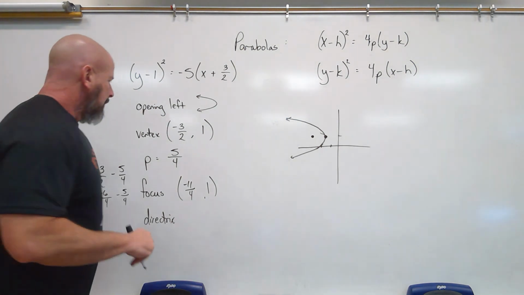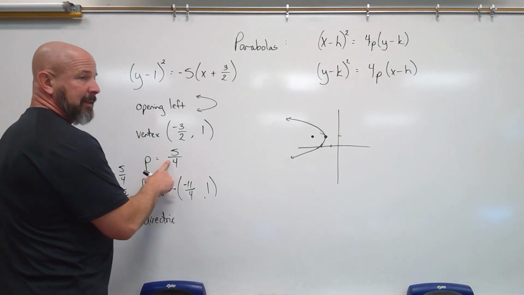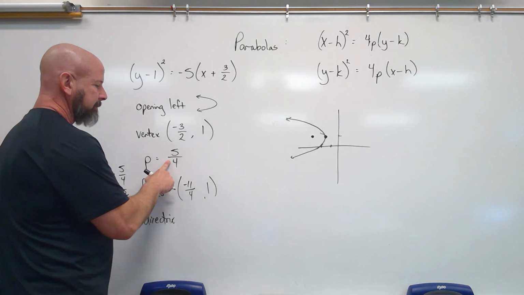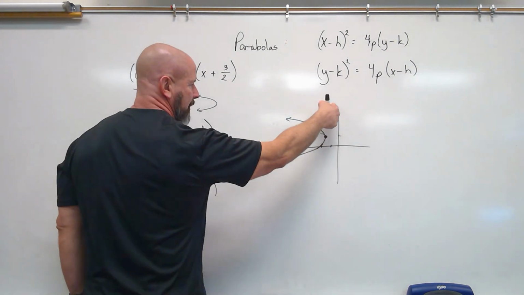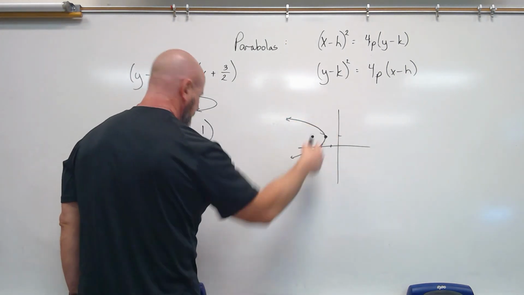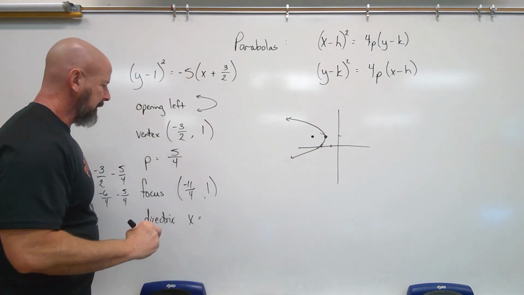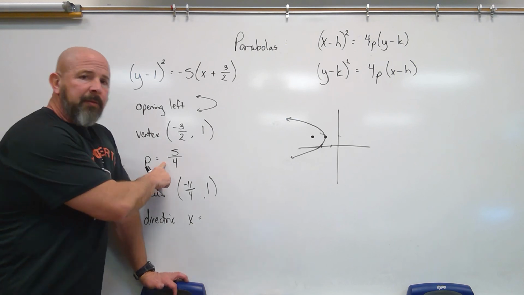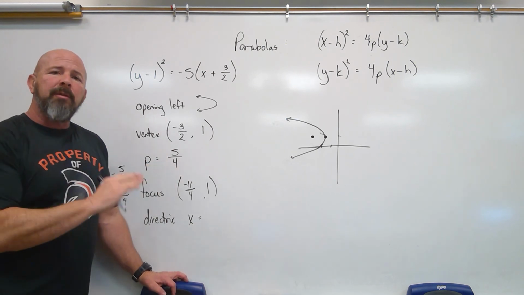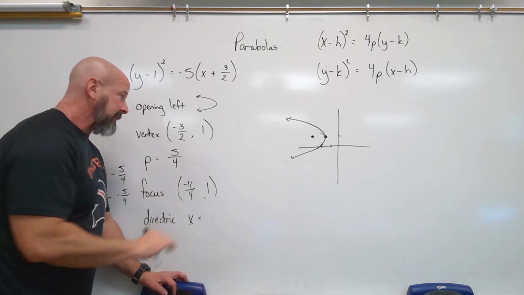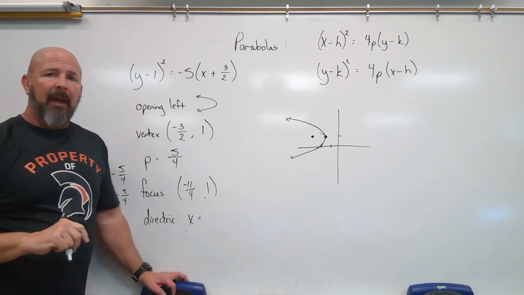Directrix. Well, the directrix is going to be behind the parabola. So it's going to be that vertical line this way right here. Now, where is it at? It's a vertical line, so I know it's x equals. And it's 1.25 or 5/4 units to the right of that.